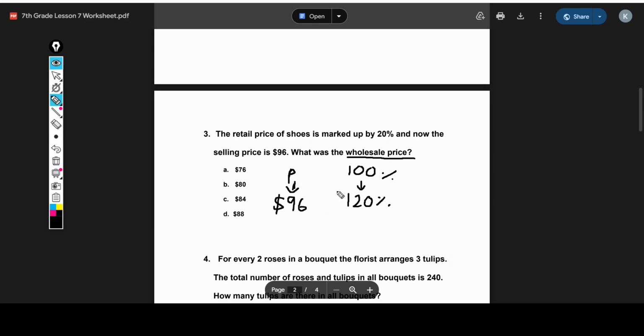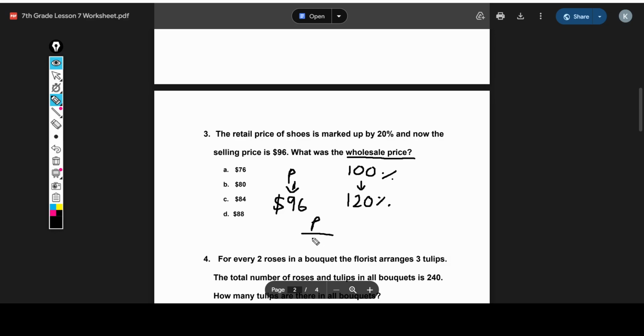Both of these changes should be multiplying by the same amount. So what can we do to find 100%? Well, we can just use division. If we divide $96 by 120%, you should get P. If you don't get how that works, another way to think about it is the ratio from P to 96 should be the same as 100% to 120%, because they both got marked up 20%.